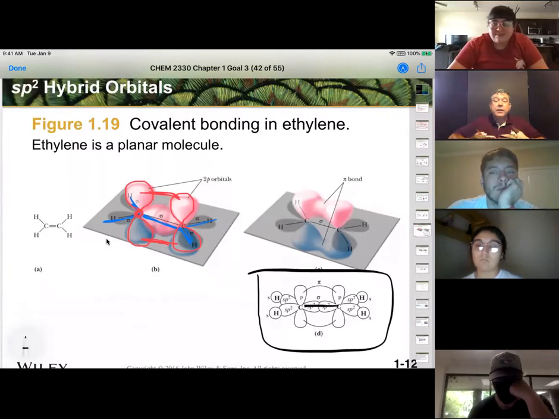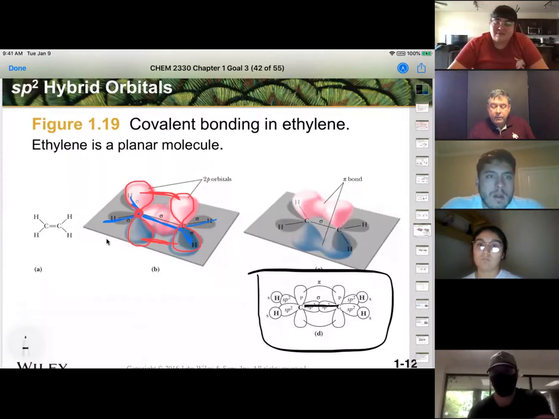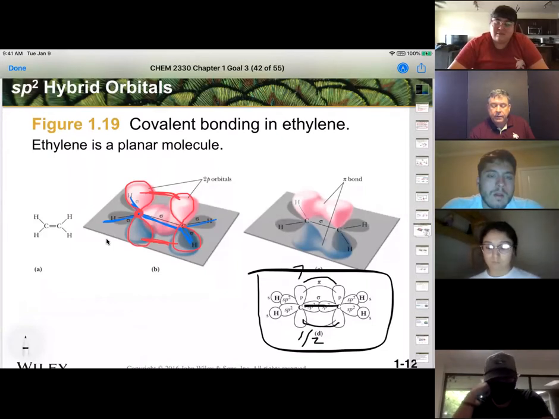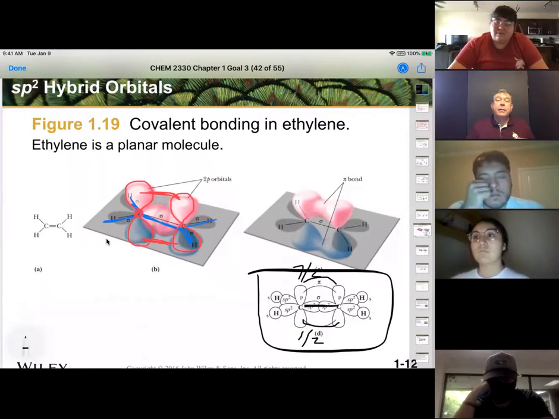Notice that those electrons are held right in between the 2 nuclei of those carbons. Then we have the overlap above and below that plane, so 1/2 of the electron density is here and 1/2 is above. That gives rise to that planar molecule, but it also gives rise to what we call our pi bond, or our double bond.